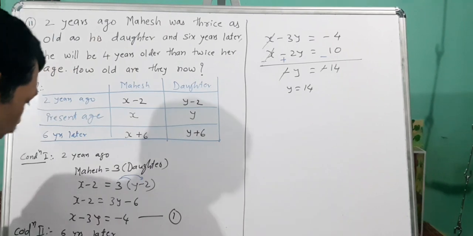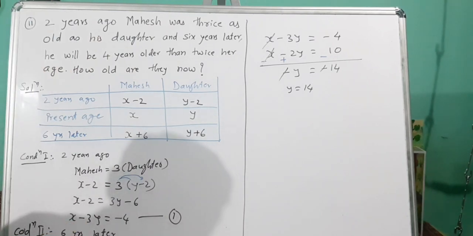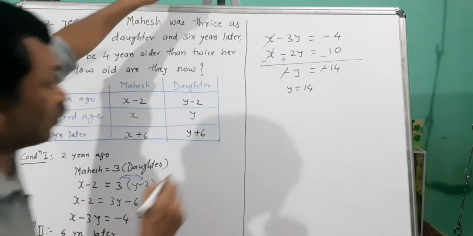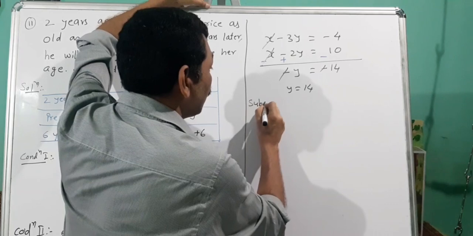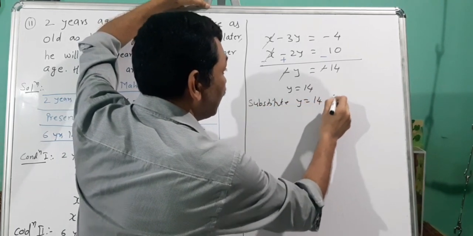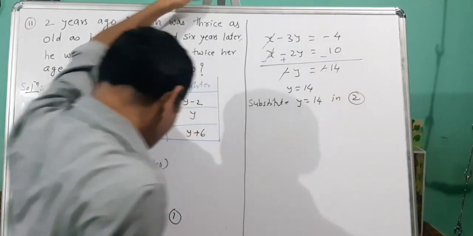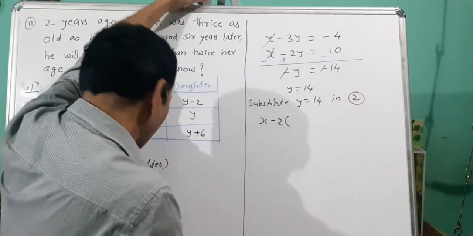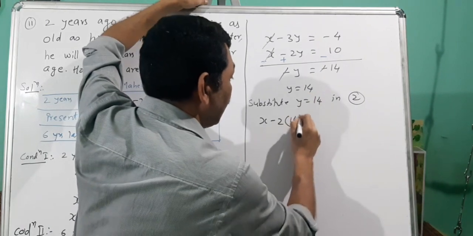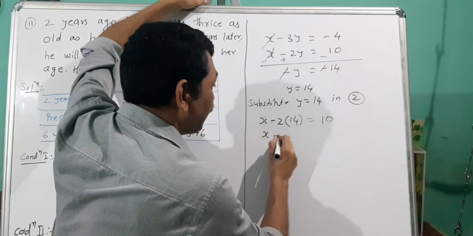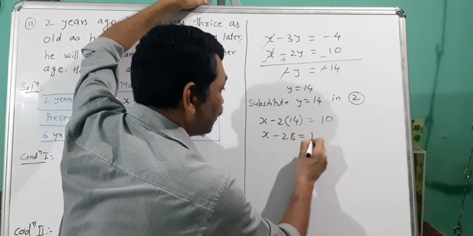Now substitute y is equal to 14 in either equation 1 or 2. I think 2 is easier. We always have to check which one is easier to solve and substitute accordingly. So substitute y is equal to 14 in equation 2. x minus 2 into 14 is equal to 10. Therefore x minus 28 is equal to 10.